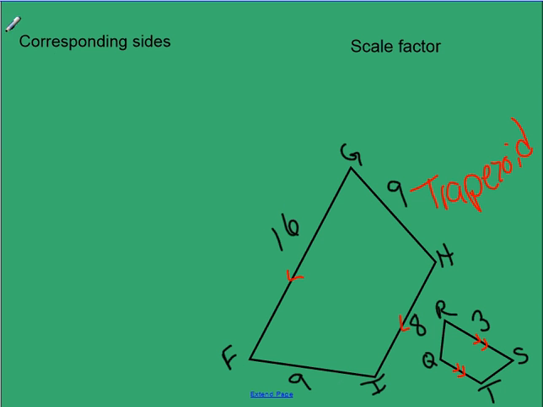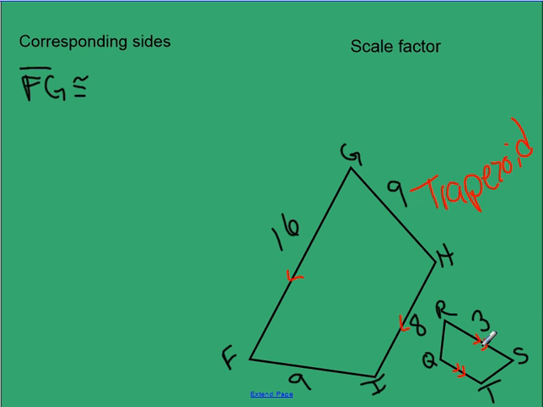The corresponding sides, this is the tricky part. Because the shapes are turned, you really have to kind of think about the sides in a slightly different way. So I'm going to start with this large base. We have side FG. And we need to ask ourselves, what side on this smaller trapezoid kind of matches up with that? Well, it's the longer of the two parallel lines.